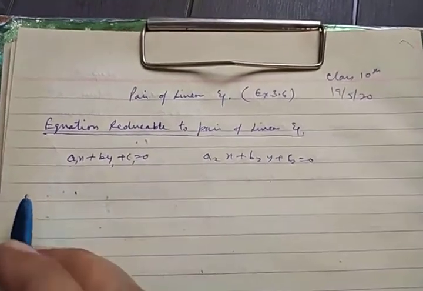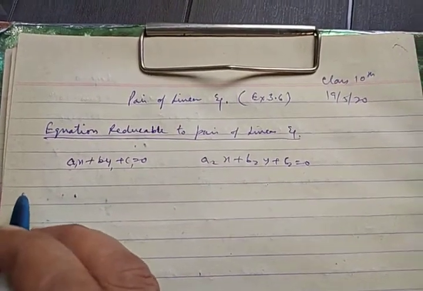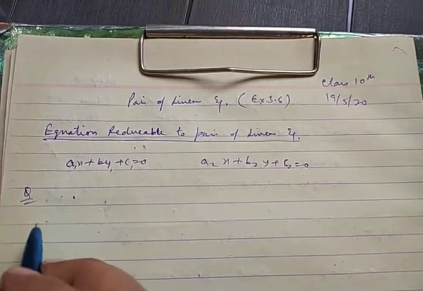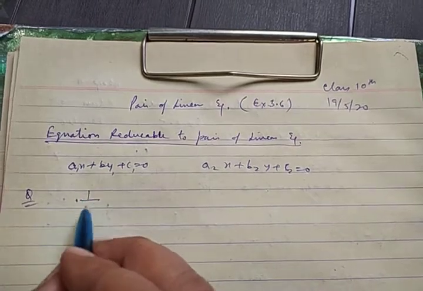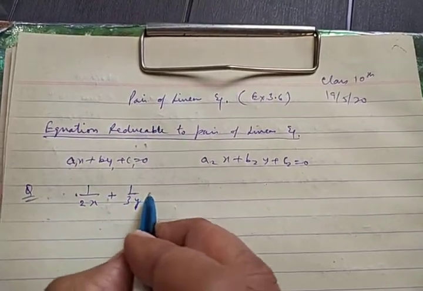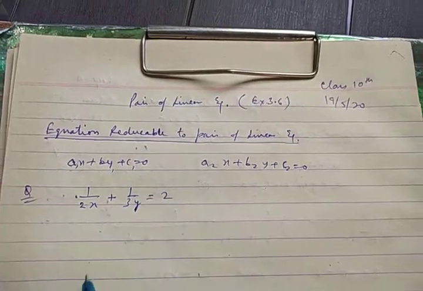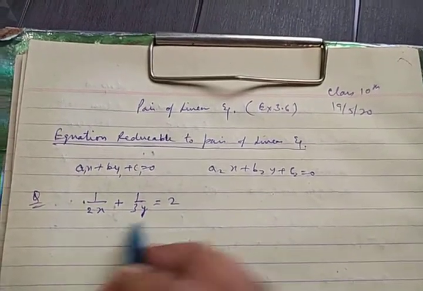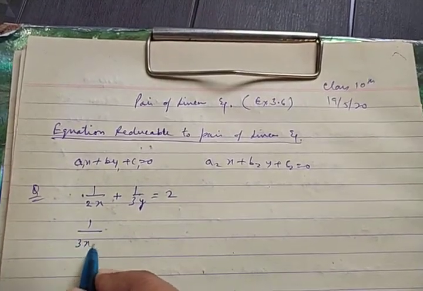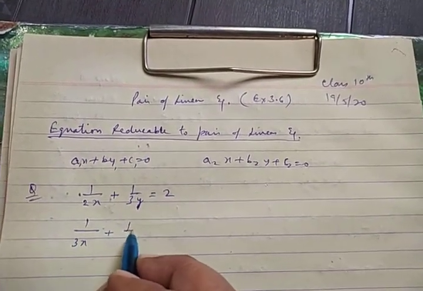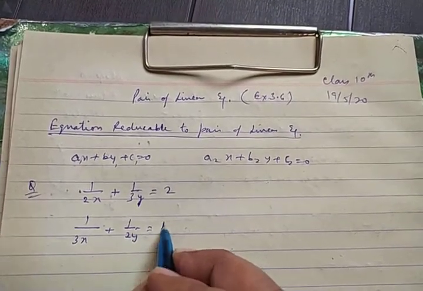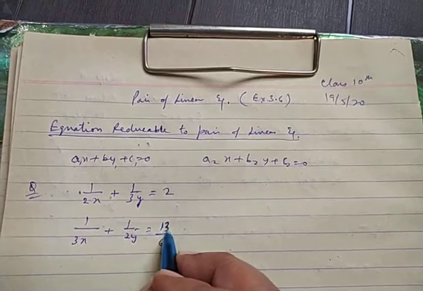Let us take a question of your exercise. The equations given are 1 upon 2x plus 1 upon 3y is equal to 2, and 1 upon 3x plus 1 upon 2y is equal to 13 upon 6.